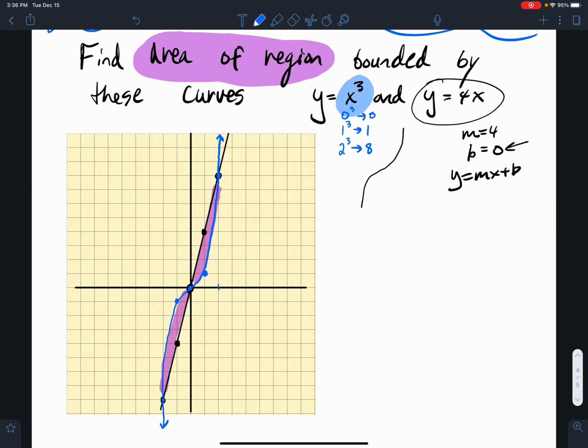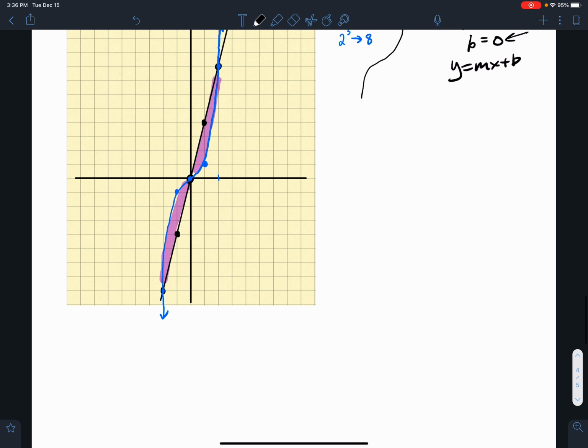Well, I have 2 separate regions. So there's region 1 here and region 2 here. Maybe I'll call these regions A and B so we're not confusing numbers with something else.